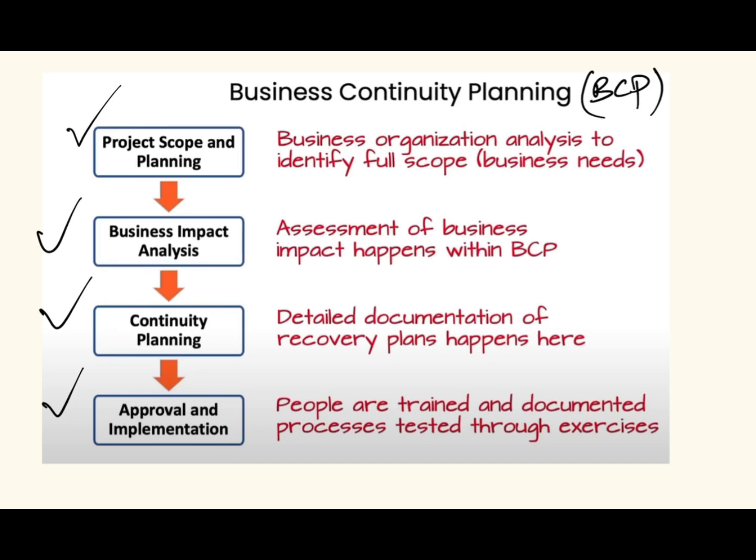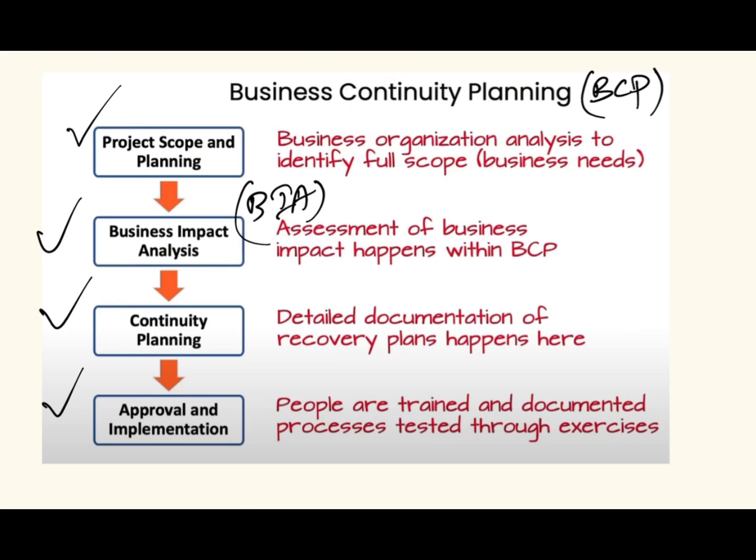Right? So these four key phases are very important for business continuity planning, and these are the key phases that we need to understand for the CISSP exam. Project scope and planning, business impact analysis, which is also called BIA.